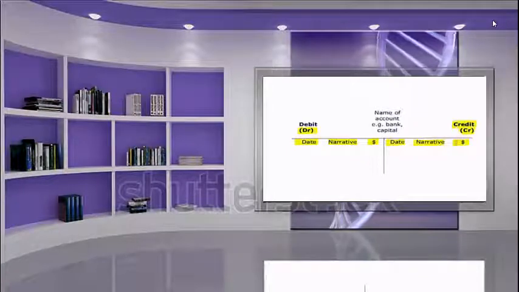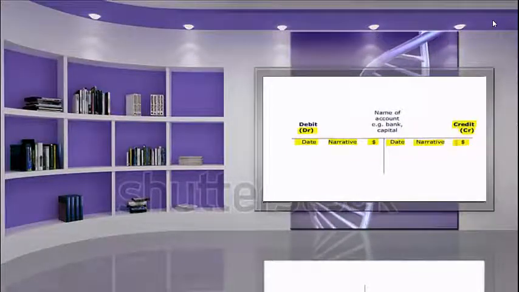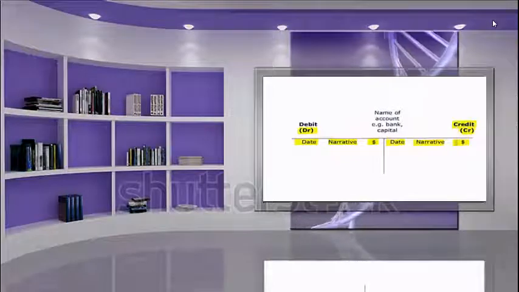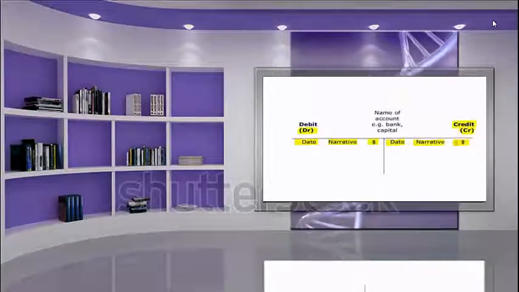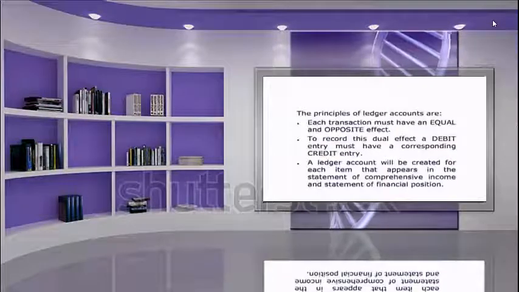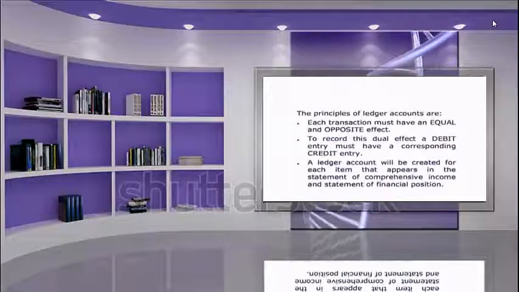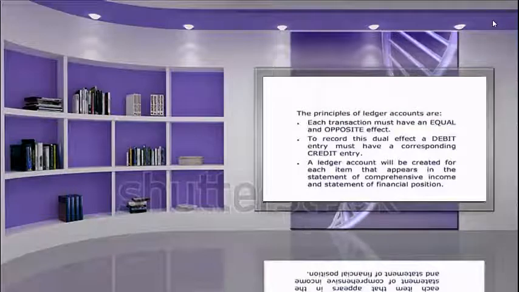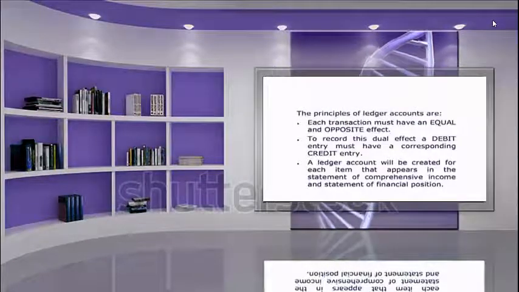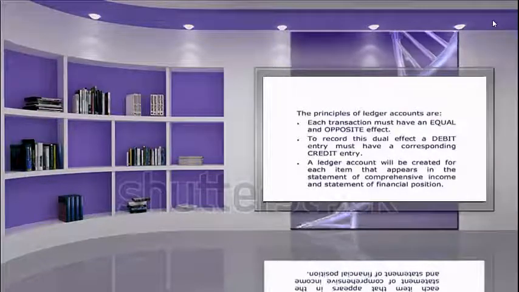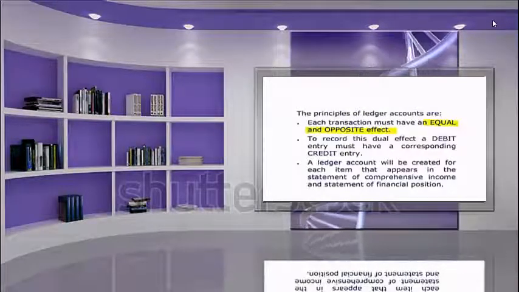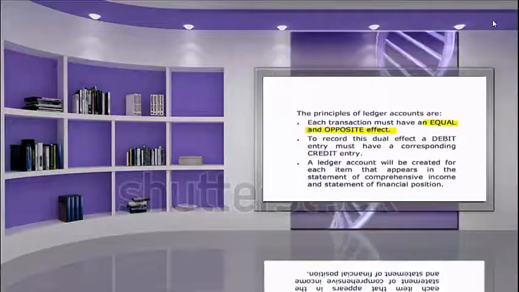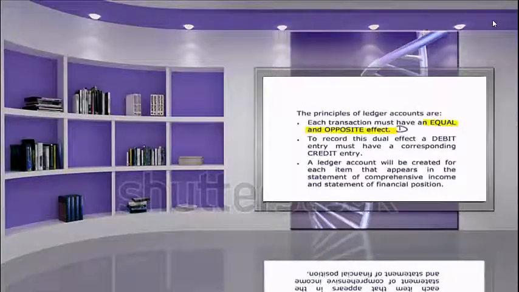Now, in order to be able to prepare these ledger accounts, we have to think about some key fundamental principles. So let's take a look at them. The first principle of ledger accounts is that every transaction must have an equal and opposite effect. Okay? That really is the dual effect principle.